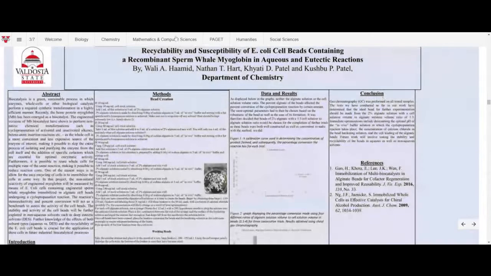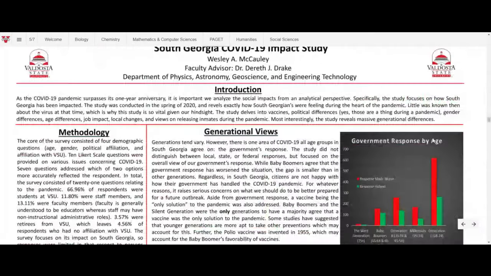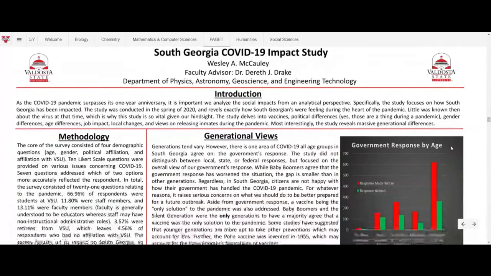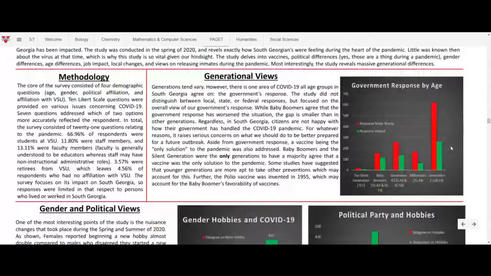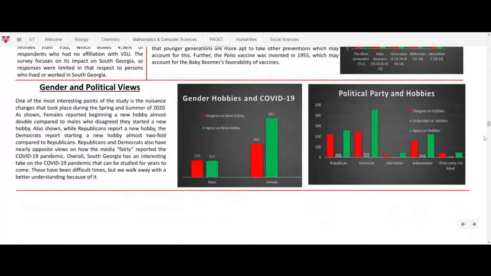Some of the really interesting things we were able to find: first and foremost, we used the VSU survey material Qualtrics, which is very good at finding trends that you might not otherwise notice. One of those trends was that baby boomers and older generally tend to believe that the only solution to the pandemic is a vaccine, whereas those younger tend to believe that that's not necessarily the case.